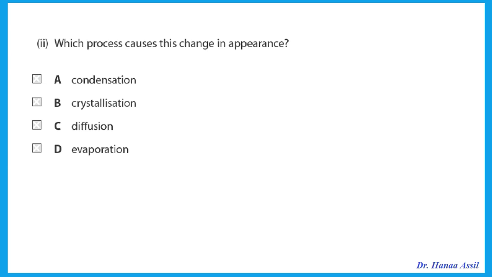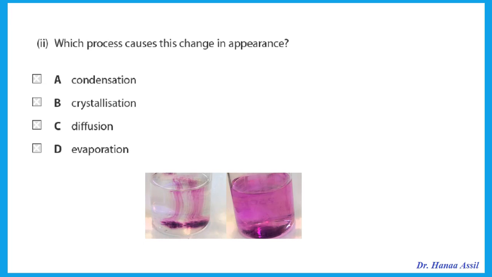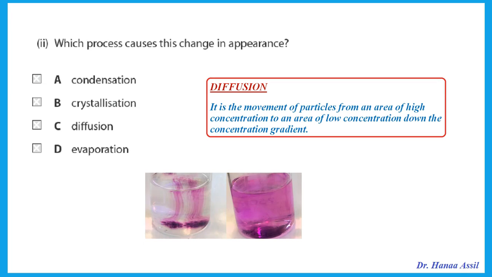Which process causes this change in appearance? When we put a crystal of potassium permanganate at the bottom, it spreads to all the liquid. Remember, this is a process of diffusion. Diffusion is the movement of particles from an area of high concentration, at the bottom where I have a lot of the crystals, to an area of low concentration, the top of the water where we started with no potassium permanganate.